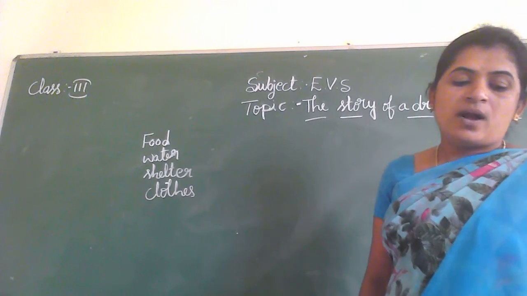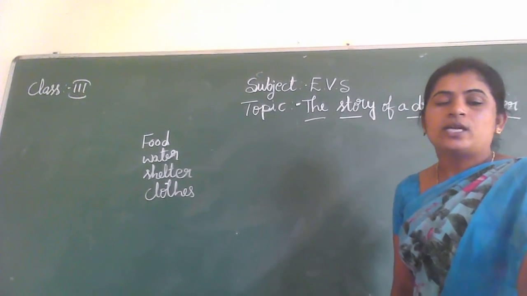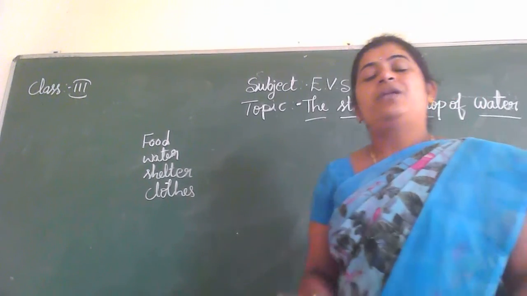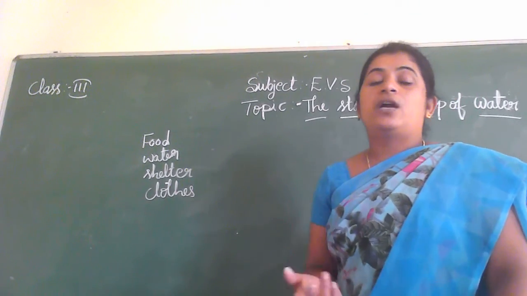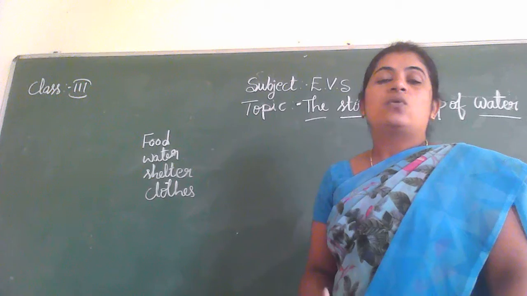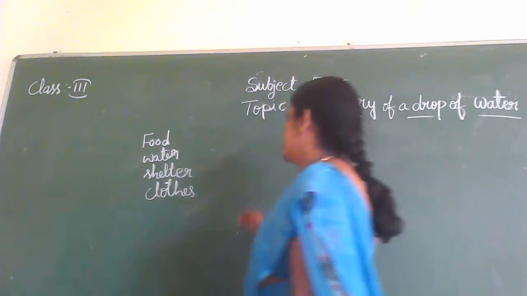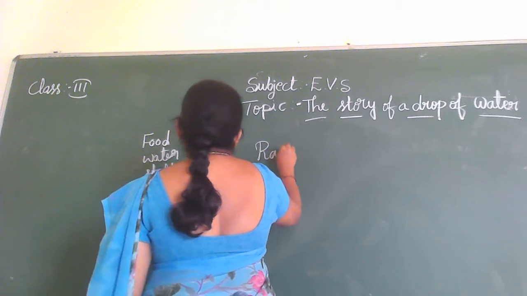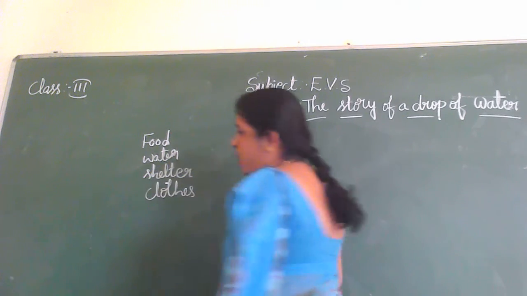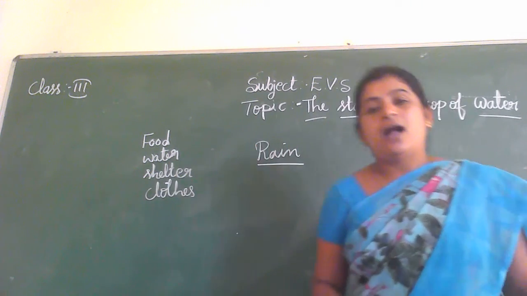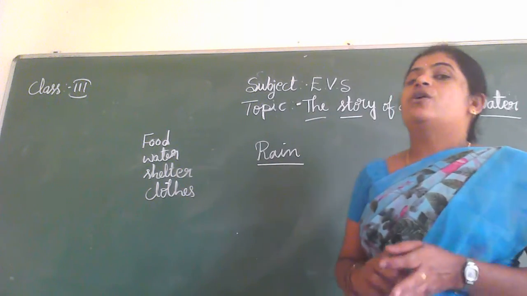So children, what are the sources of water? In our previous classes we have learned about this. What are the main sources of water? Yes, rain is the main source of water. Another source of water, tell me, children.